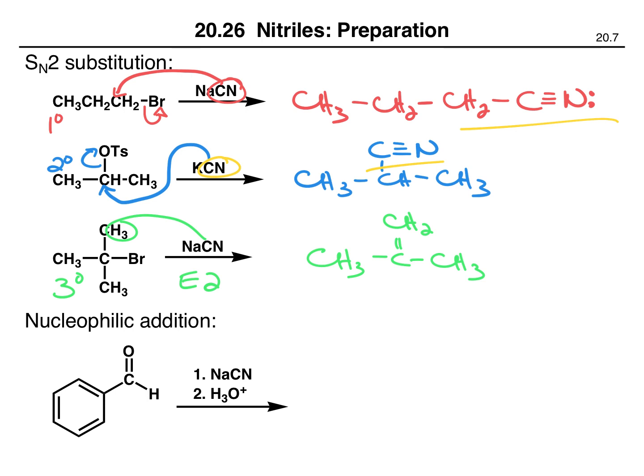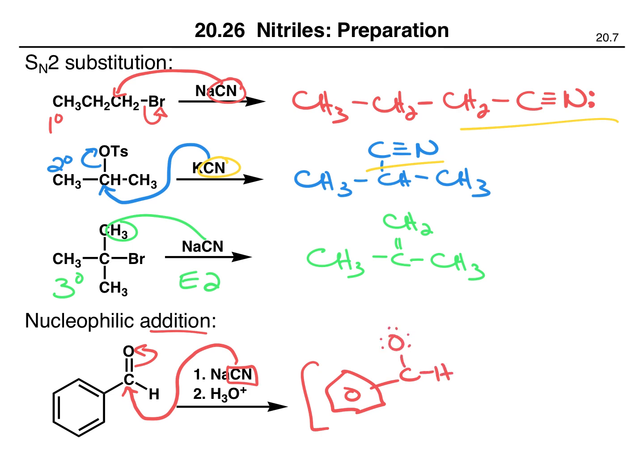Another way to make nitriles is by nucleophilic addition to an aldehyde or ketone. So cyanide acts as a nucleophile, shares its electrons with the carbonyl carbon, pushing these electrons up onto the oxygen. So after step 1, we have the O-, and we have a new bond with the nitrile.